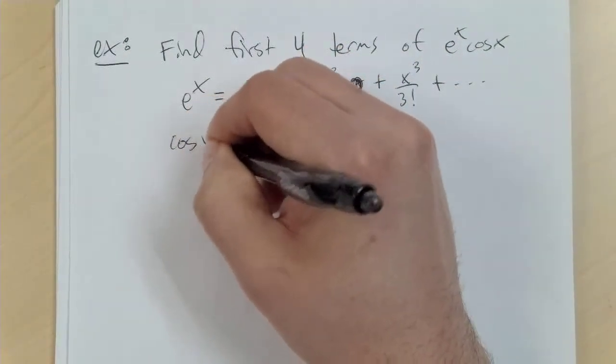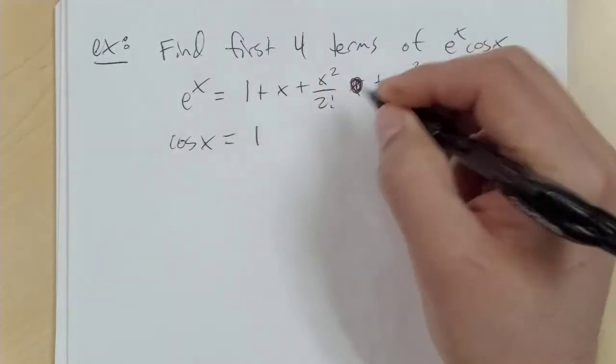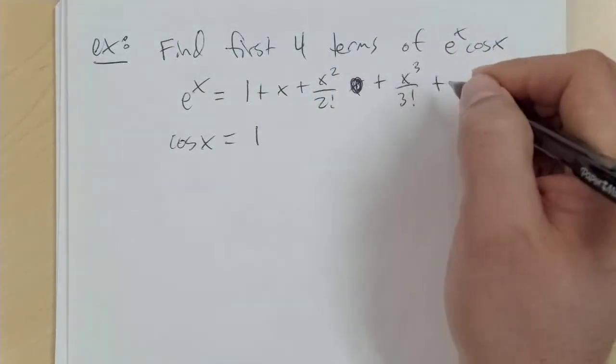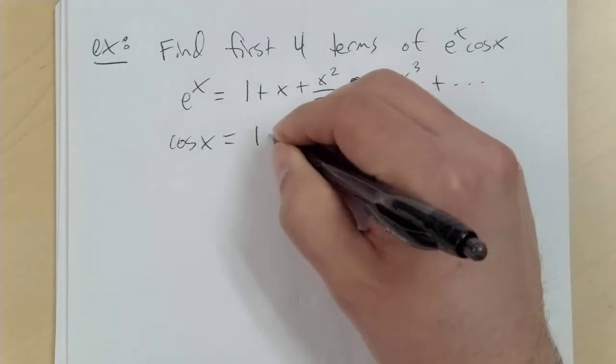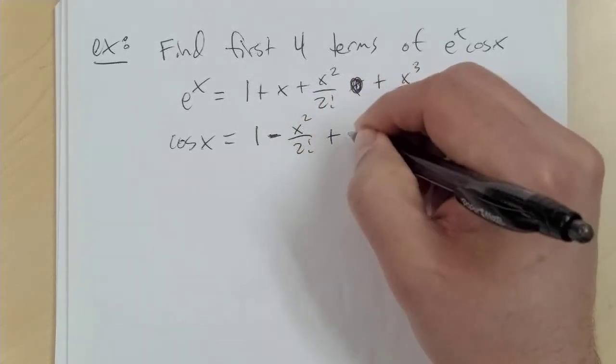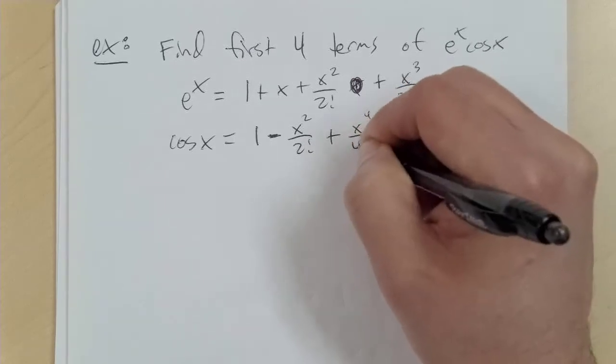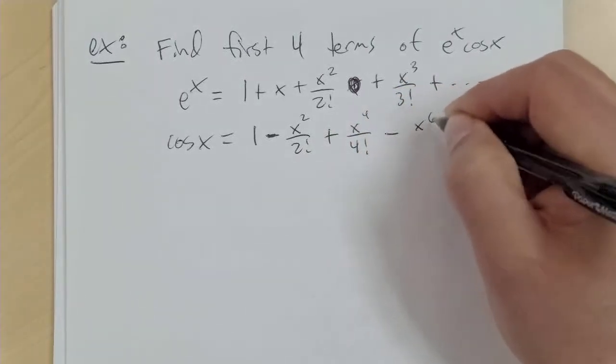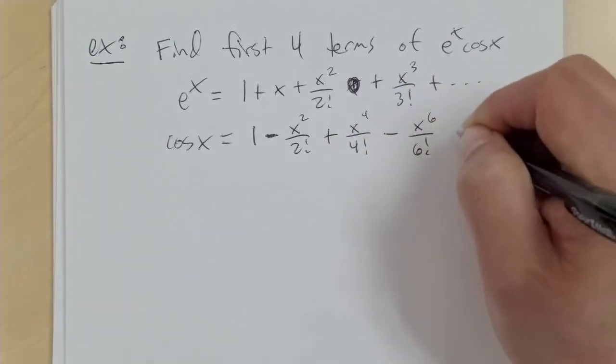And cosine of x starts at 1, and then we do every other term and alternate. So minus x squared over 2 factorial plus x to the 4 over 4 factorial minus x to the 6 over 6 factorial, and so on.